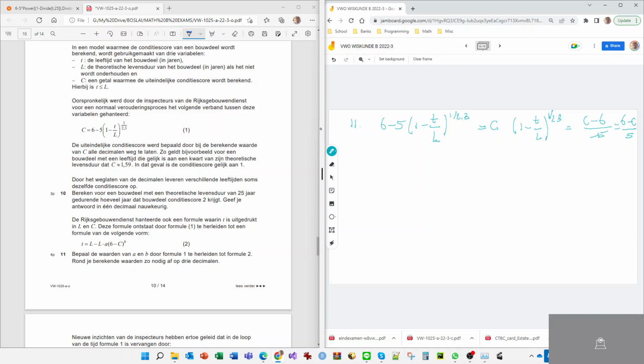So now we take both sides to the power 2.3 over 1. If you do that, you get just 1 minus T over L on the left side. You use a to the power b to the power c equals a to the power bc.